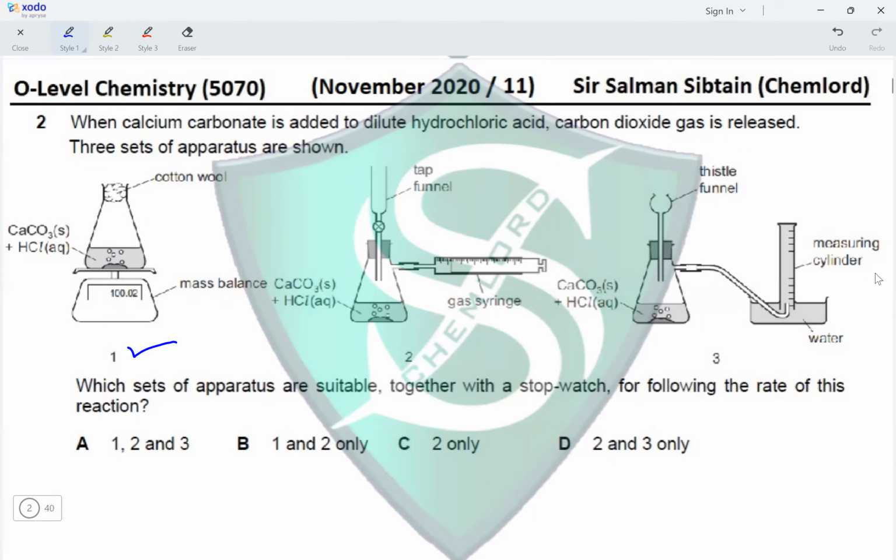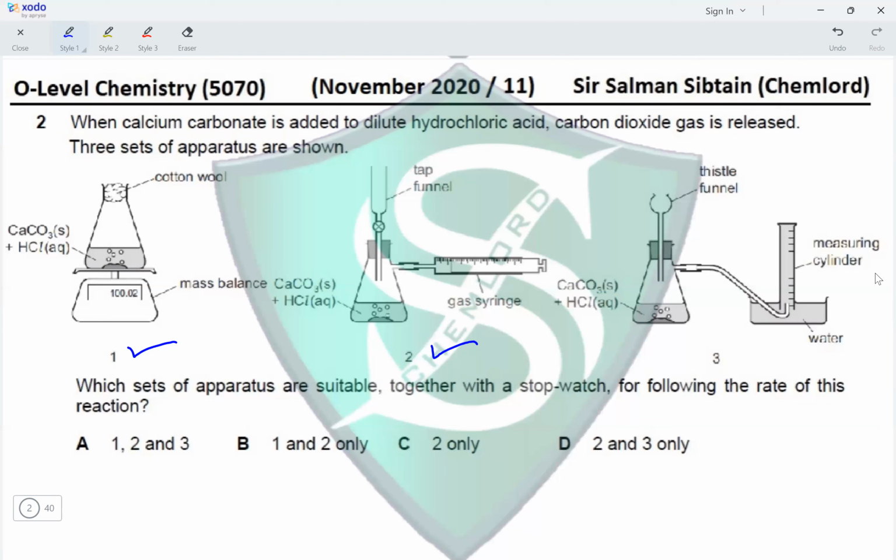In experimental setup 2, we have collection of gas. So we can measure the time it takes to collect a certain volume of gas. So experimental setup 2 is also suitable. In 3, we have collection of gas, but the gas produced here is going to be CO2, which is soluble in water. So when collected over water, some of the CO2 will dissolve.